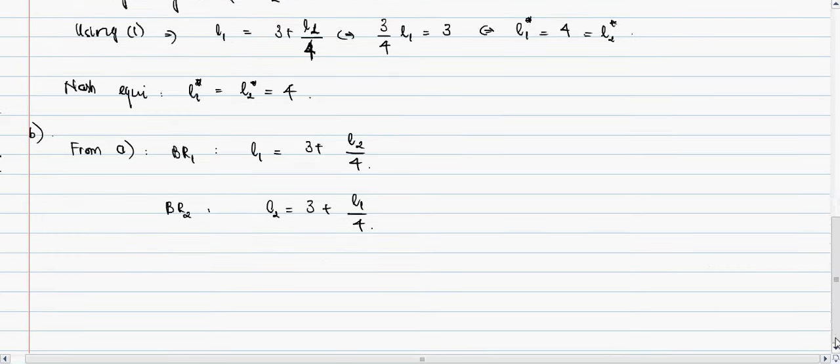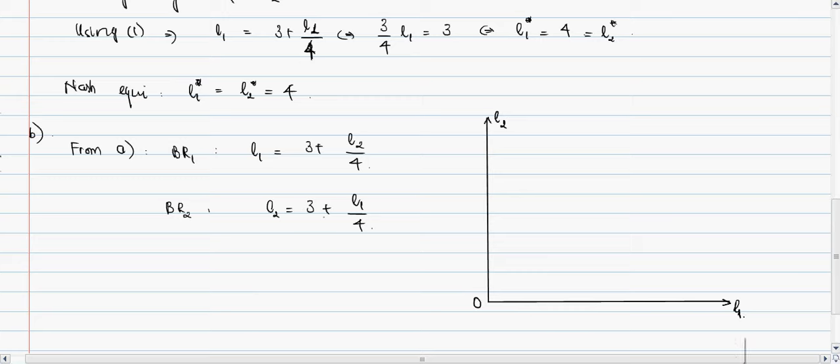Now I want to draw them on a graph. So I'll just draw a graph here on the side. I will have L2 on the vertical and L1 on the horizontal.